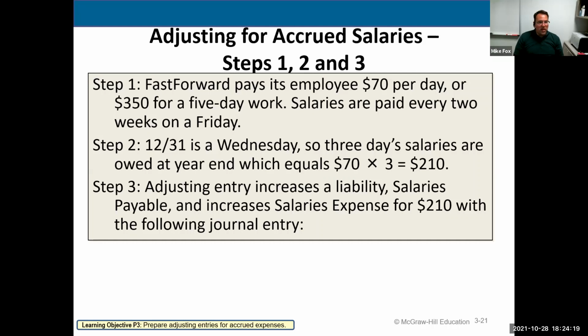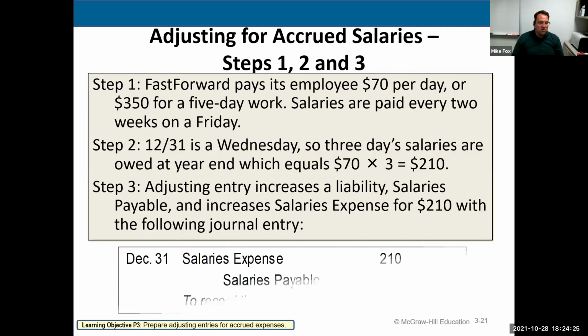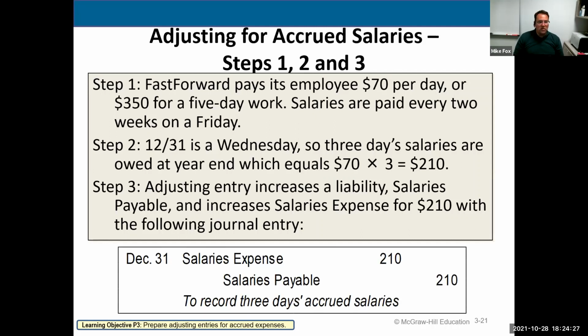So the process is to take the daily rate, multiply it by the number of days, which is $210, and create this adjusting entry. We debit salaries expense, and we credit salaries payable. So the adjusting entry for accrued expenses is always the same. It's a debit to the expense and a credit to a liability account.